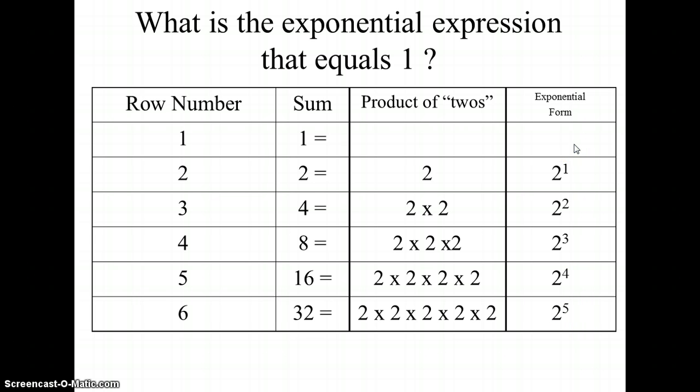So to figure out what row 1 would be, or 1 in exponential form, I can simply continue the pattern backwards. If I start at the bottom, 5 minus 1 is 4, 4 minus 1 is 3, 3 minus 1 is 2, 2 minus 1 is 1, and so my exponent for row 1 would have to be 2 to the 0 power, because 1 minus 1 is 0.